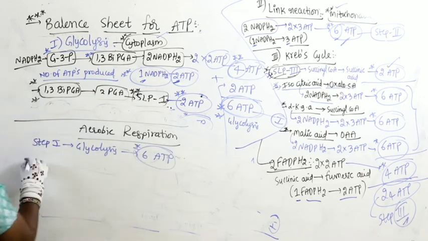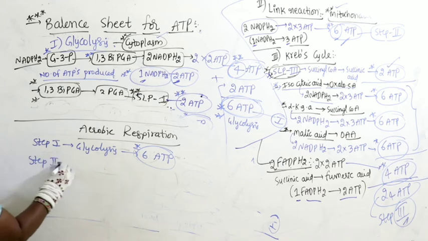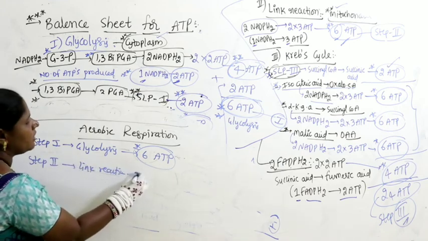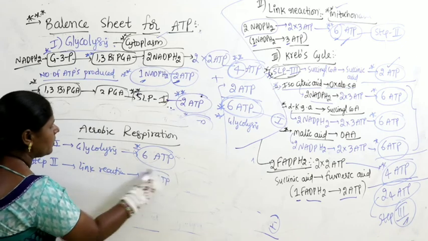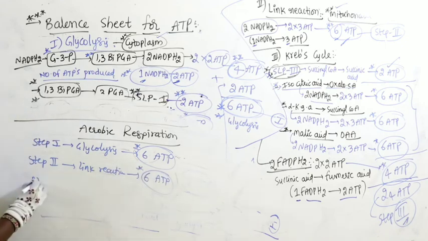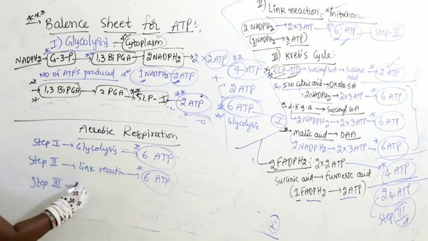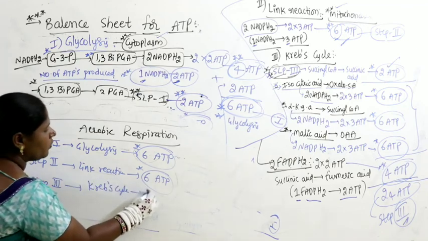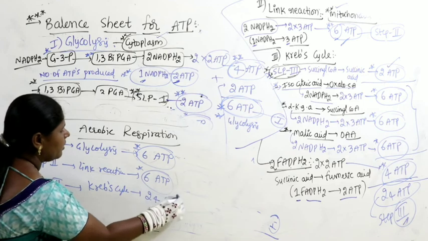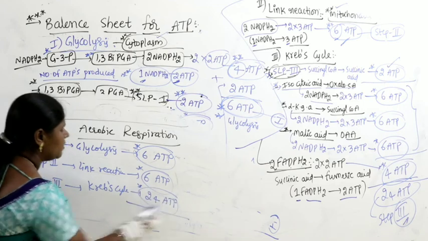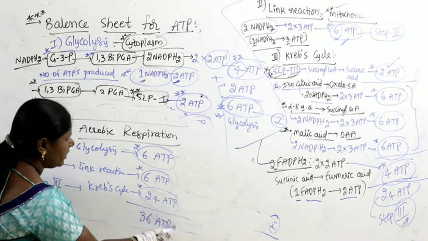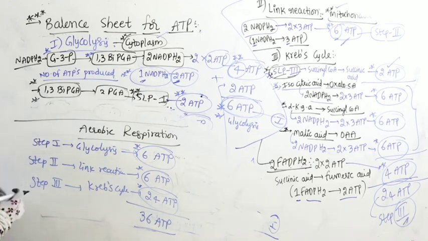And step 2 is what? Link reaction. How much ATP there? 6 ATP. And step 3 is what? Krebs cycle. How much ATP? 24 ATP. Now if you add all together, how much will you get? 36 ATP.